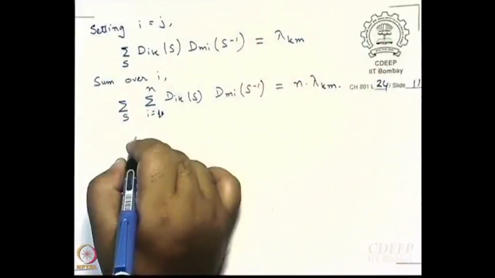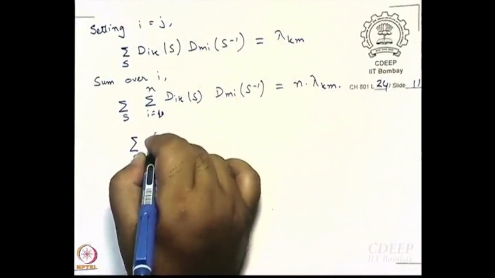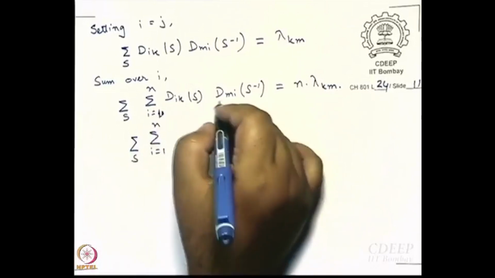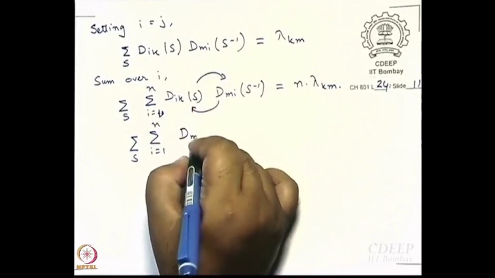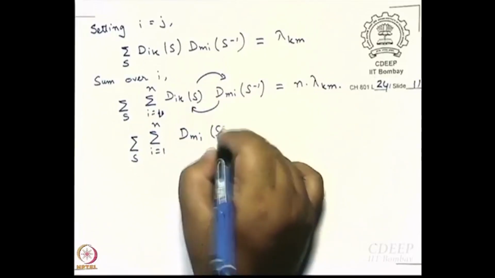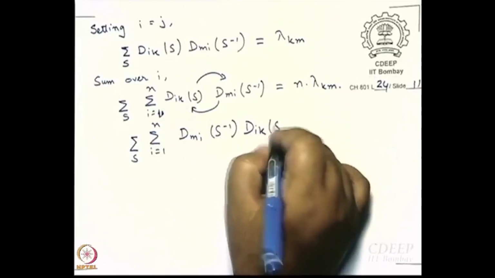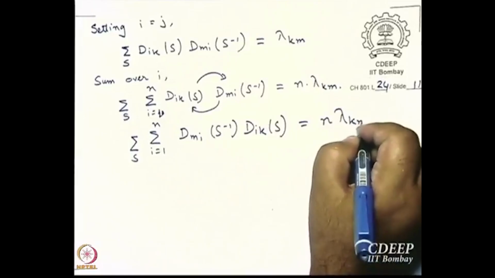So what I am saying is sum over S, sum over i equal to 1 to n, d_mi(S inverse) d_ik(S) equals n lambda km.